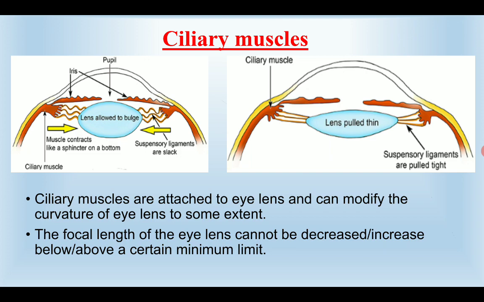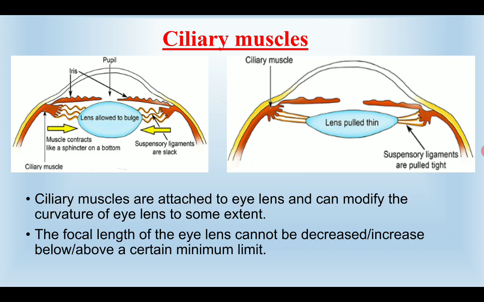Hence, its focal length increases and it enables us to see distant objects clearly. But when we are looking at closer objects, the ciliary muscles contract and increase the curvature of the eye lens, making it thicker. Consequently, its focal length decreases and this enables us to see nearby objects clearly.